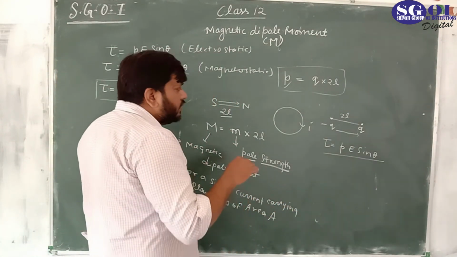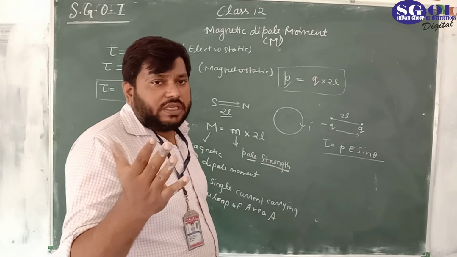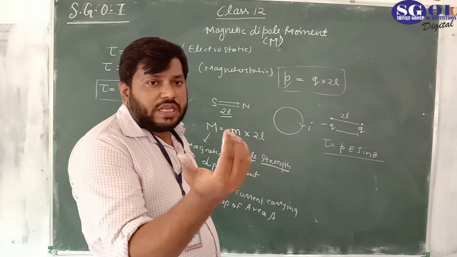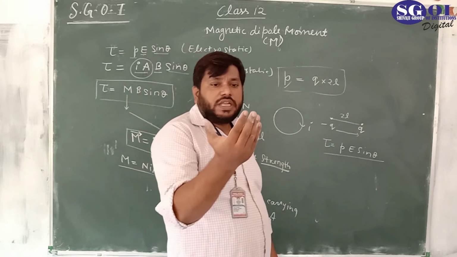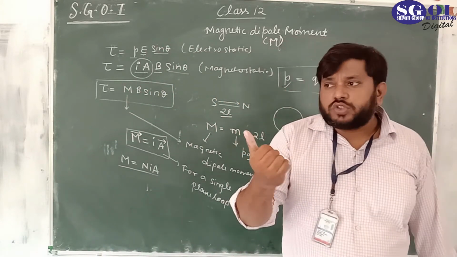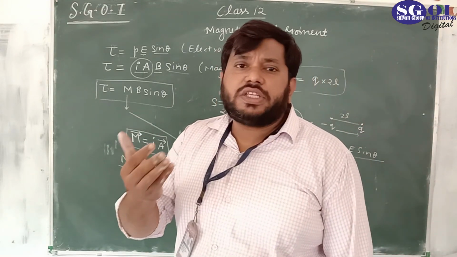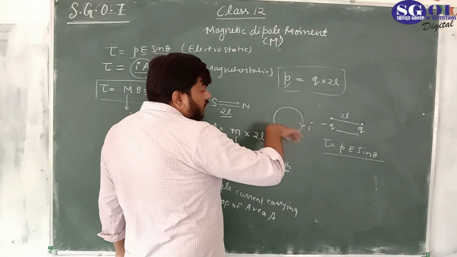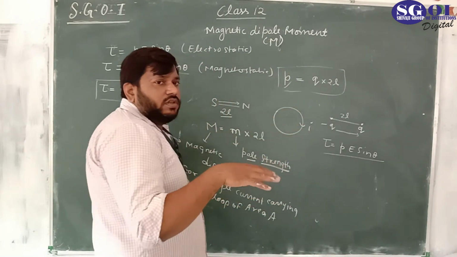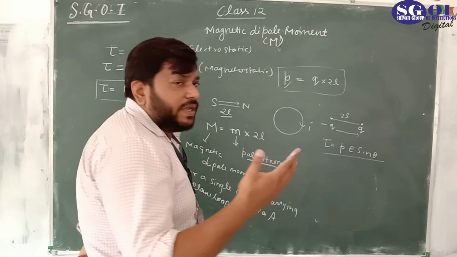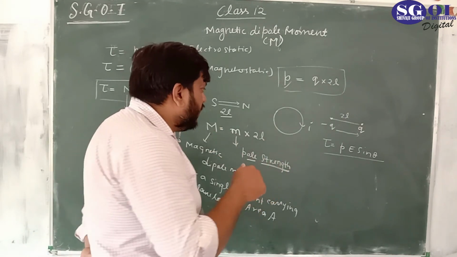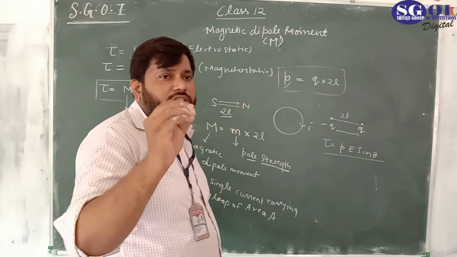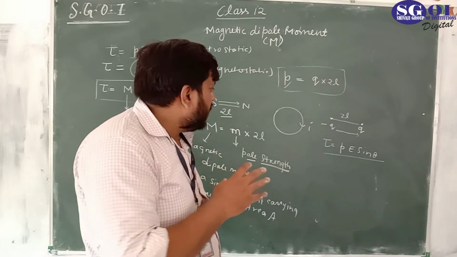What is the right hand rule here? Place your right hand in such a way that on closing the fingers, the direction of rotation of the fingers should represent the direction of the motion of the current in the coil. So the current is flowing like this. In which manner do we have to place our right hand so that on closing the fingers they point in the direction of the current flowing in the loop?